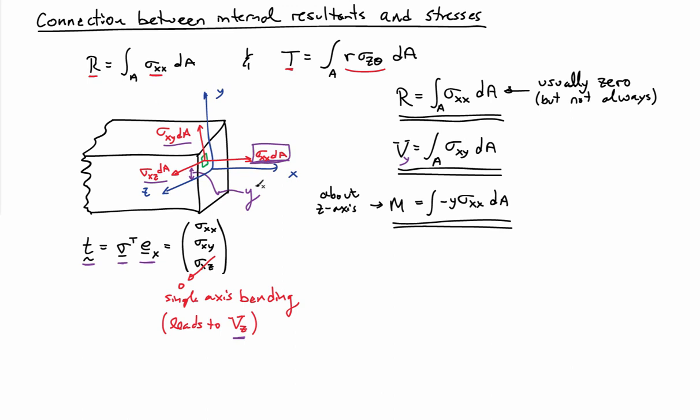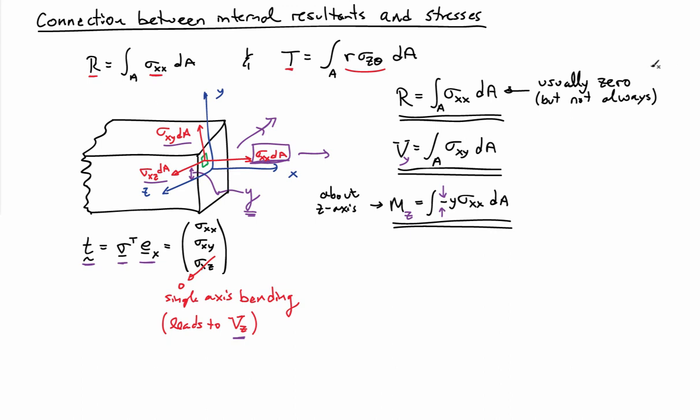But if you look at it carefully, if I pull in the x direction and I'm at a positive value of y, that's going to give me a moment about the negative z-axis. So that's why I have a minus sign in here. So this moment here is moment about the positive z-axis by convention. We'll usually leave the subscripts off because we only have one moment in single axis bending. But that's the reason for this minus sign sitting inside the integrand here.